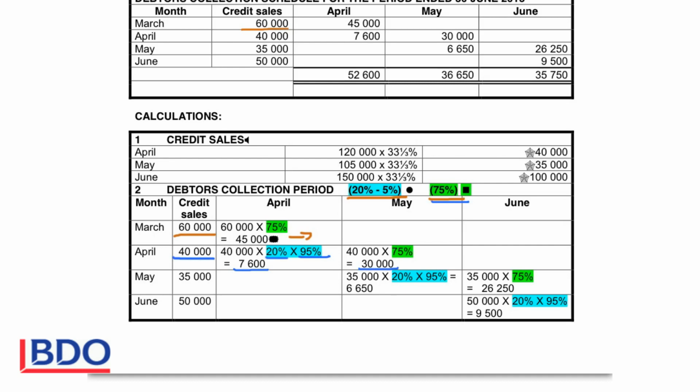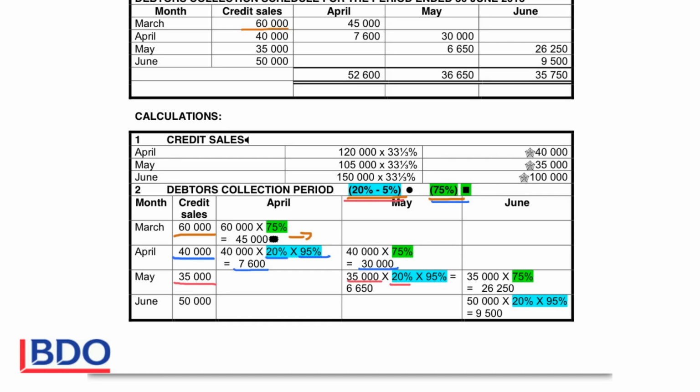If I look at the total credit sales in May, it is 35,000. Now, during the month of sales, so it means in that month that we sold the goods, we will receive 20%. So first of all, I will go and work out what is 20% of 35,000. That will give me 7,000 Rand.